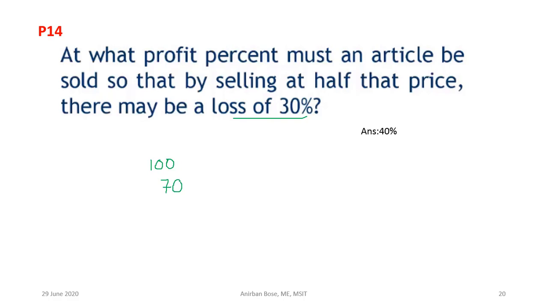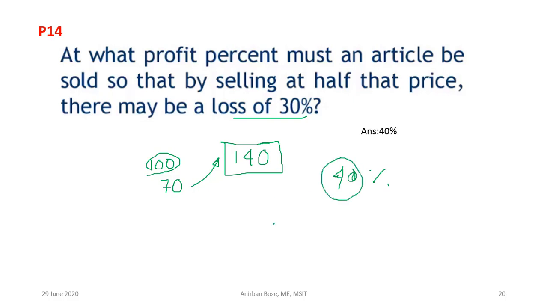That price was 70, right? And it has been told that at what profit percentage the article must be sold so that selling at half of that price gives this. So what was the selling price of that quantity? That is 70 multiplied by 2, that is 140. That means what was that profit percentage? If we have considered it is 100, so the profit percentage is 40. So problem is over.